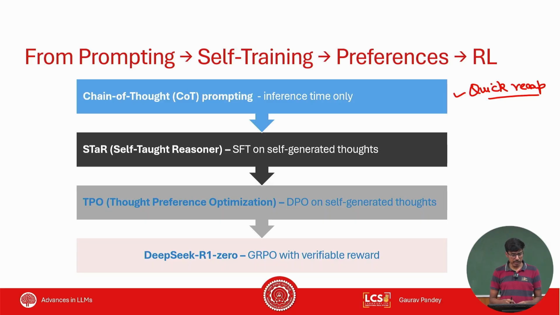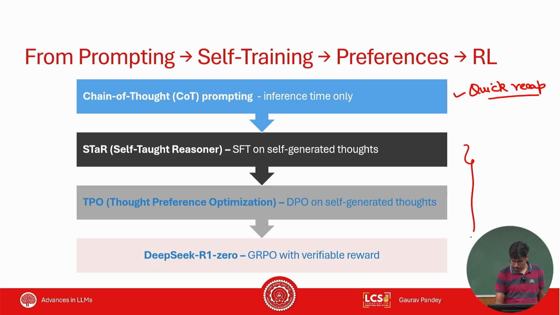So we'll look at those inference time approaches, and then we'll see how to actually make the model better at not only generating those chains of thought, but generating the response given those chains of thought. So can the model learn better thoughts? And when I say better thoughts, I mean can it generate thoughts such that the resultant solutions have higher accuracy.